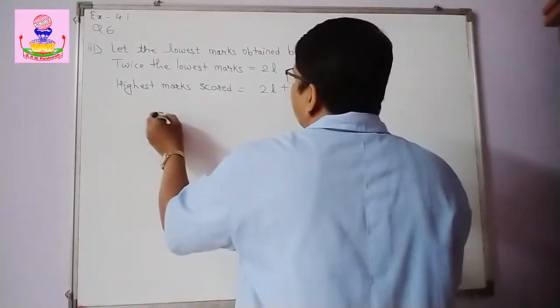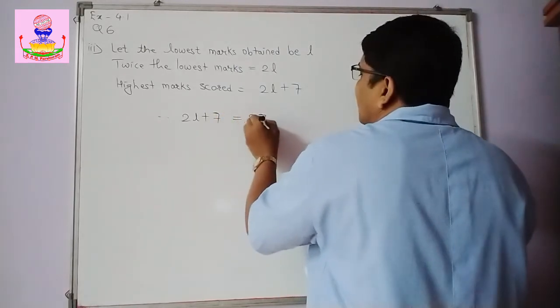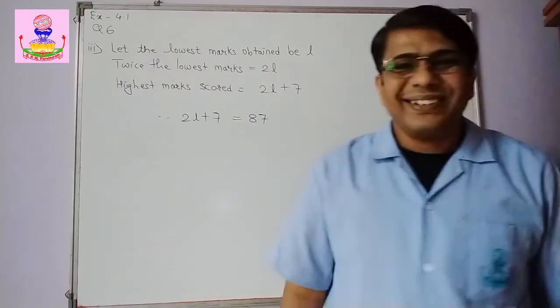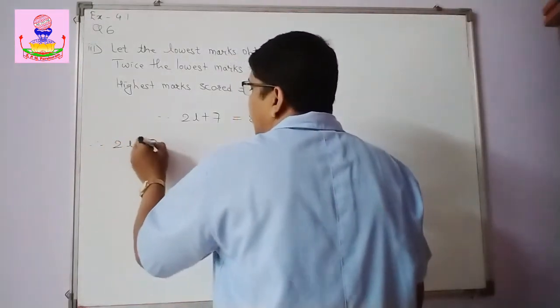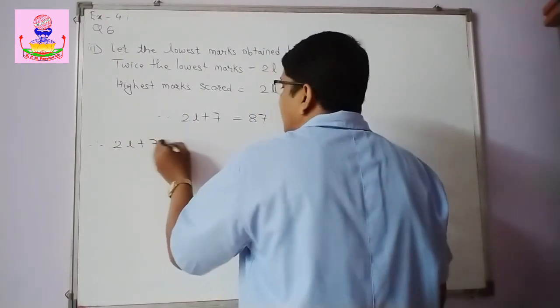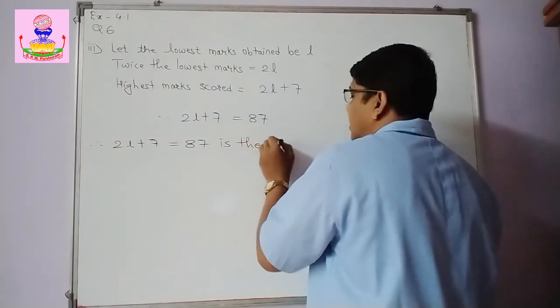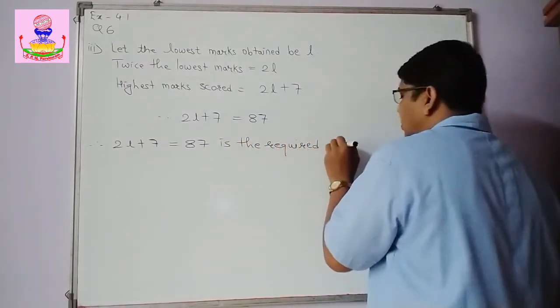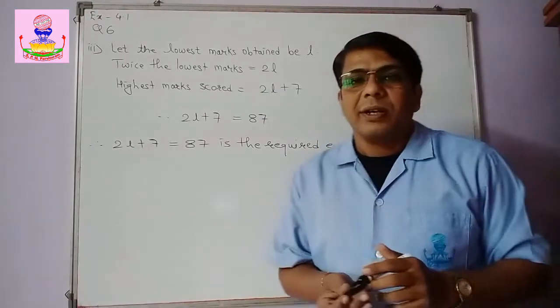How much? 87. So what it means? Therefore, 2L plus 7 is equal to 87. Do you get it? So, therefore, 2L plus 7 is equal to 87 is the required equation.